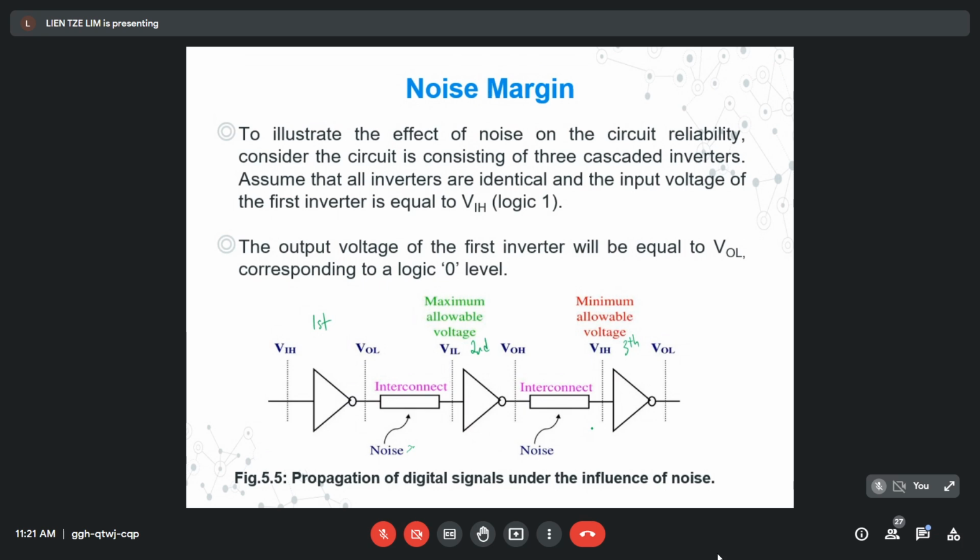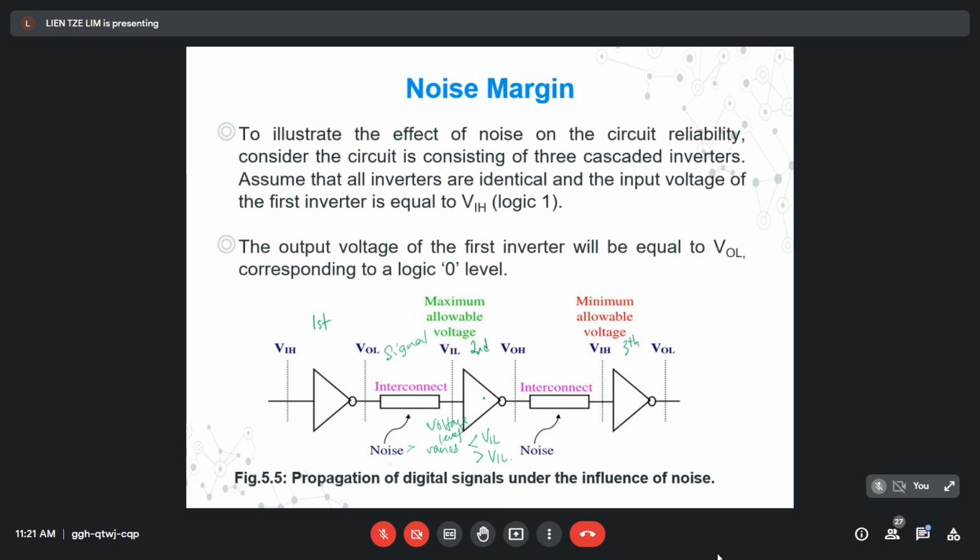It actually means the signal level. The signal level can be corrupted by noise, and then the voltage level can vary to below VIL or above VIL.